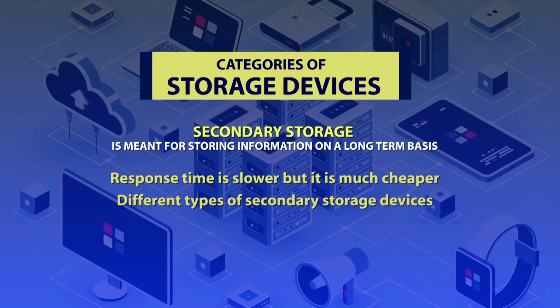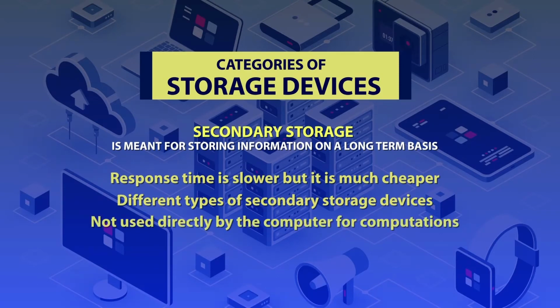There are many different types of secondary storage devices in use, and these are not used directly by the computer while it is doing computations. So, the difference therefore is that it is not like RAM or the scratch area of the computer, it is where we store information for a longer period. So, let us look at these sources of information.